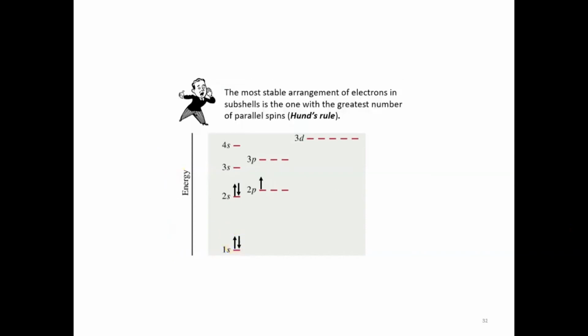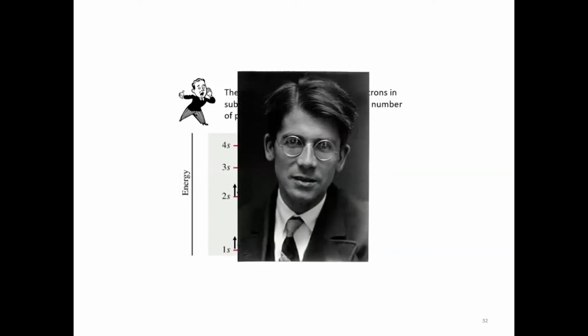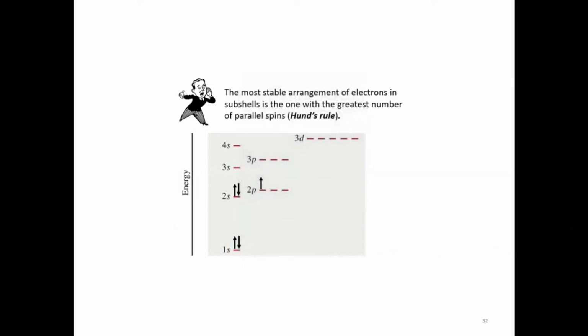The second rule is called Hund's Rule, in honor of Friedrich Hund. And it says that the most stable arrangement of electrons in subshells is one with the greatest number of parallel spins. That means that if I want to put another electron with the same spin as electron number 5, it has to be in a separate orbital. In other words, I'm going to put it there.